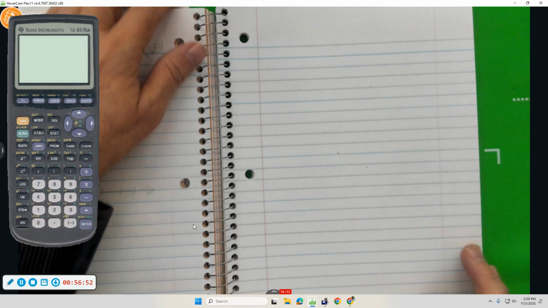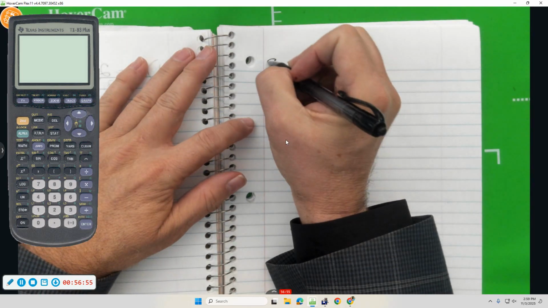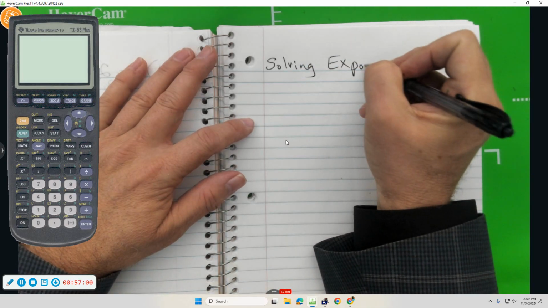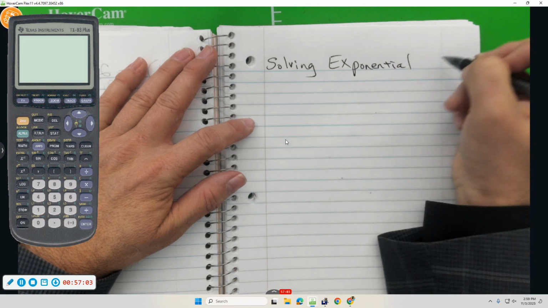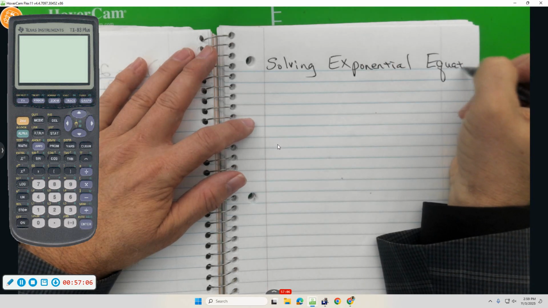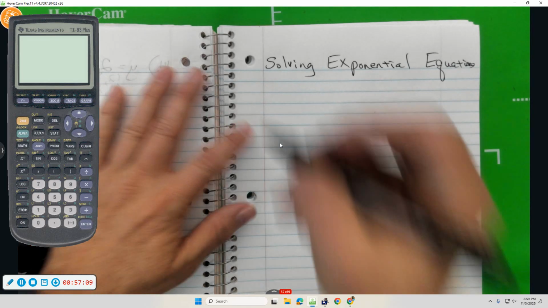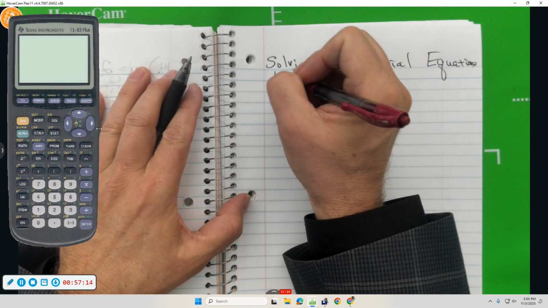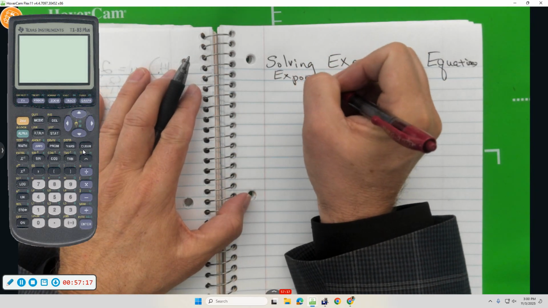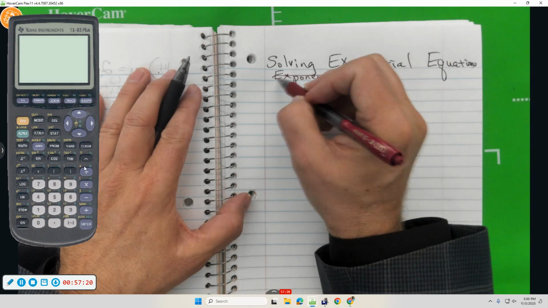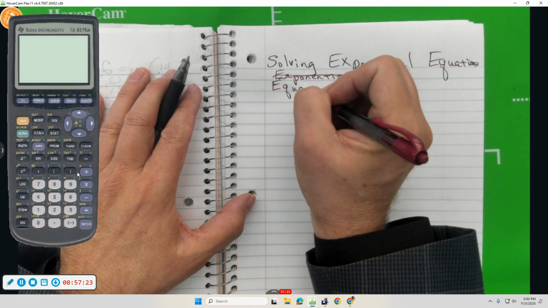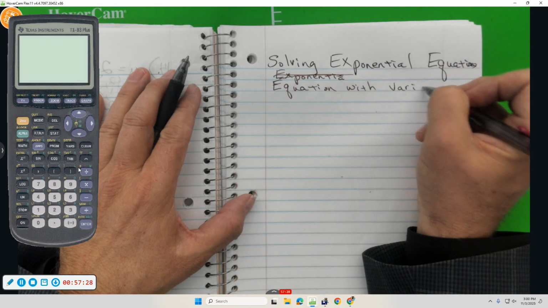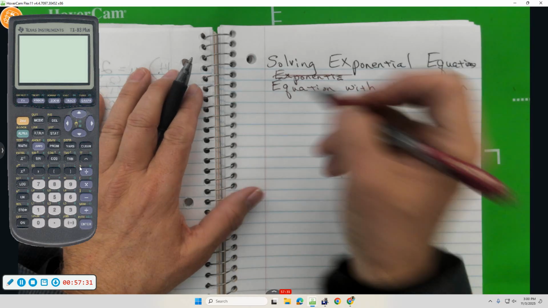Now, solving exponential equations. We're going to solve equations where the variable is in the exponent.